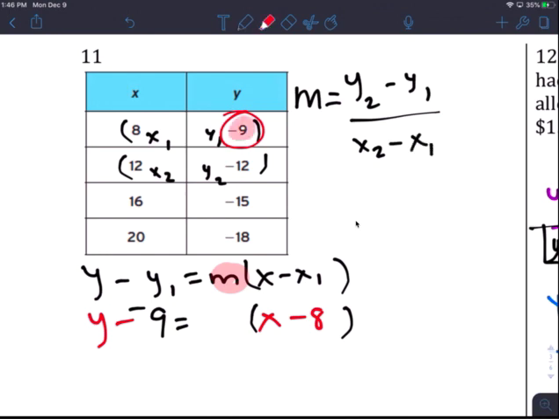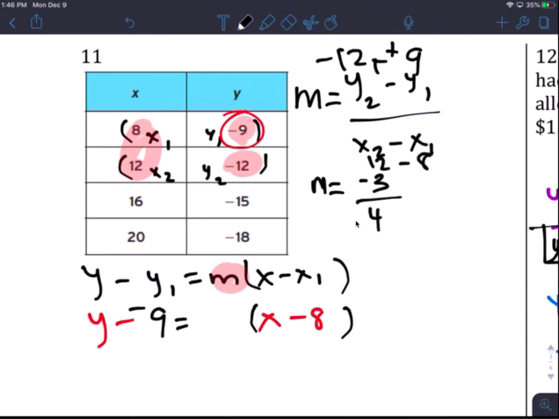The y's here and here, so negative 12 minus a negative 9 gets you negative 3 over, sorry, that's y. The x's are these, 12 minus 8 is 4. So your rate of change is negative 3 over 4.